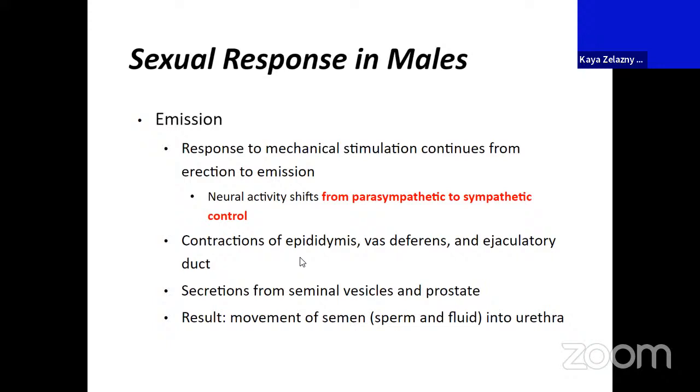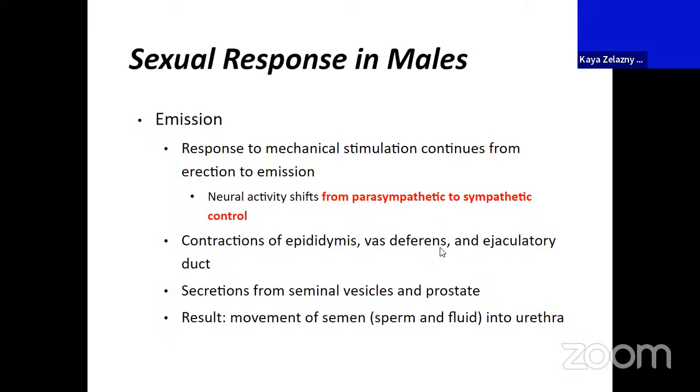So when we produced those spermatozoa and then the matured sperm, we moved from the seminiferous tubules out of the testes into the epididymis. And now we have sperm waiting in the vas deferens. So now during this emission phase, after we've achieved erection, we're going to start to have those tissues contract, which is going to push forward the sperm that are in that tube, the vas deferens.